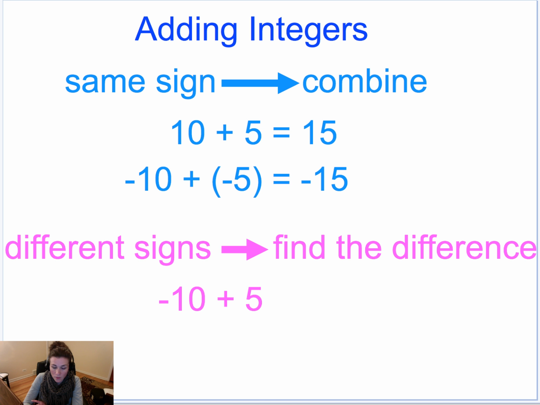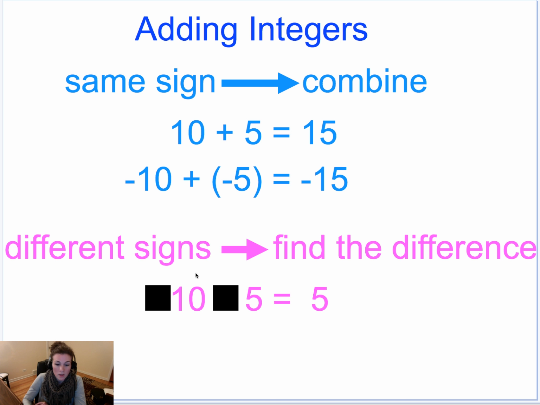So we know that they have different signs, so we'll need to find the difference. Once I know that, what I'll do is ignore the signs. Okay, I have a 10 and I have a 5. I need to subtract those two numbers. So 10 minus 5 would be 5. But I don't know yet if that number is positive or negative.